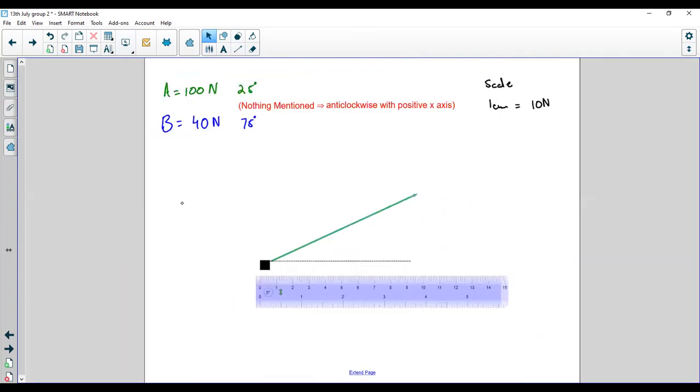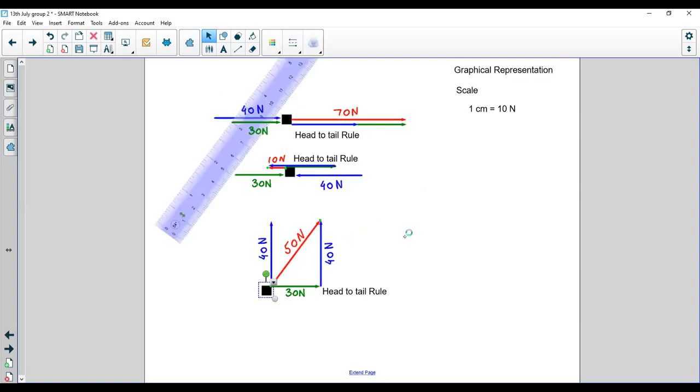Yes. So we will use the same technique. We will use the same horizontal line, because to add the two vectors we need to connect them with the head to tail rule.